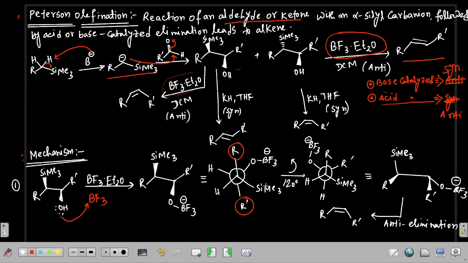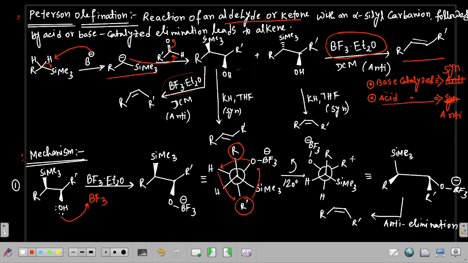Now we need to do a 120-degree anti-clockwise rotation. After the 120-degree anti-clockwise rotation, this will shift to here, this hydrogen will shift to here, and this R dash will shift to here.